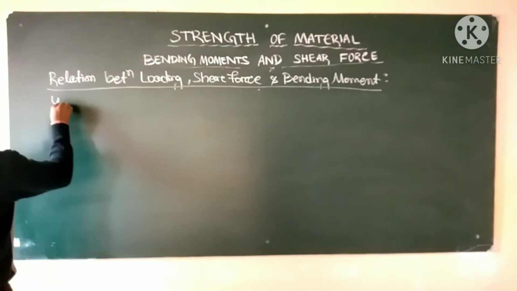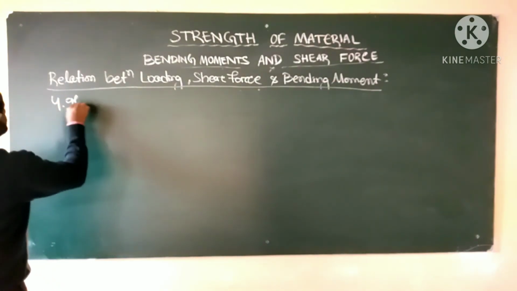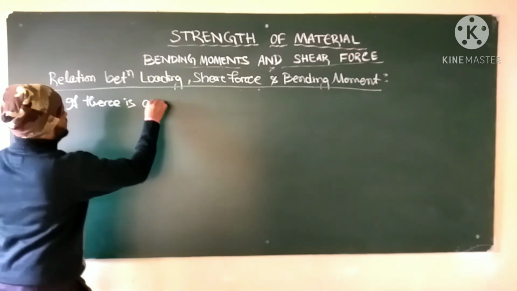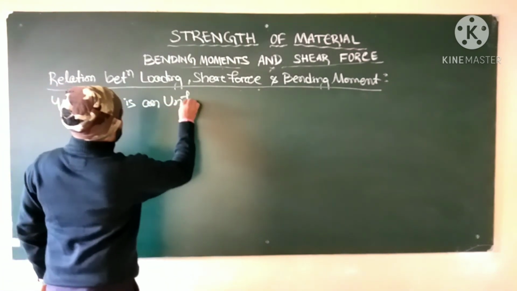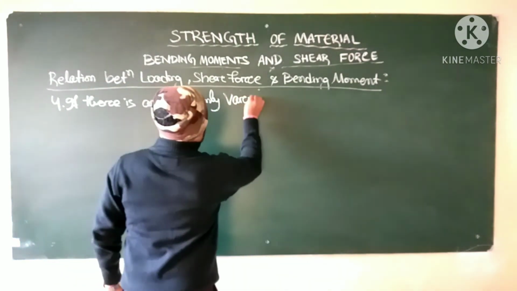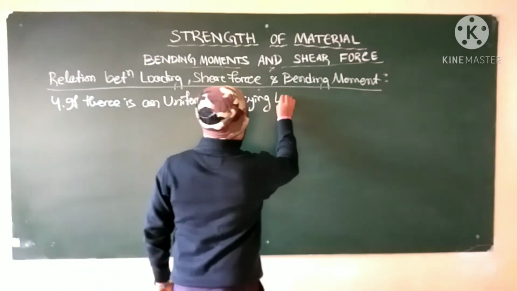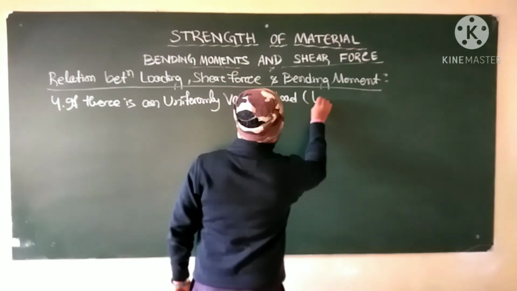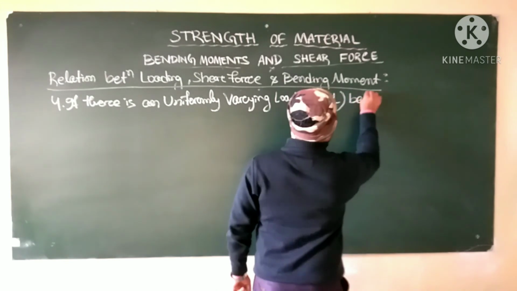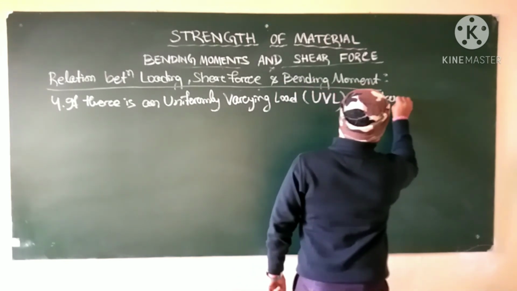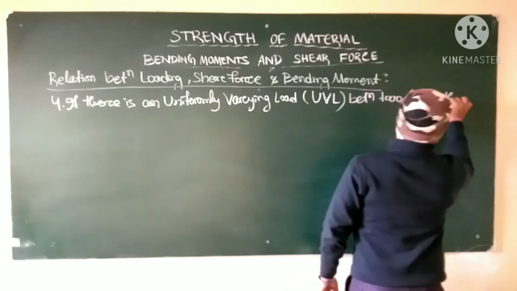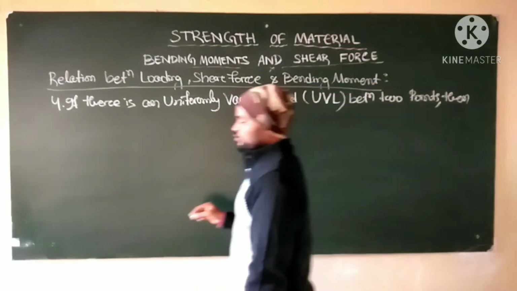The 4th point: if there is a uniformly varying load, or UVL, between 2 points, then what will happen?